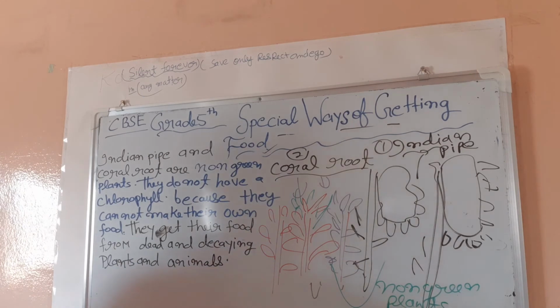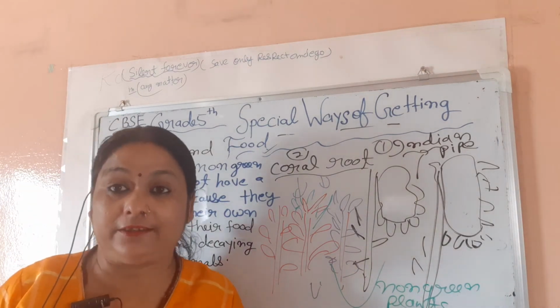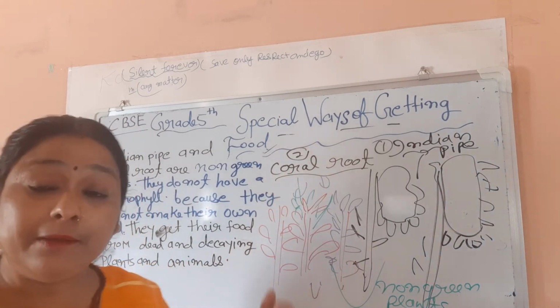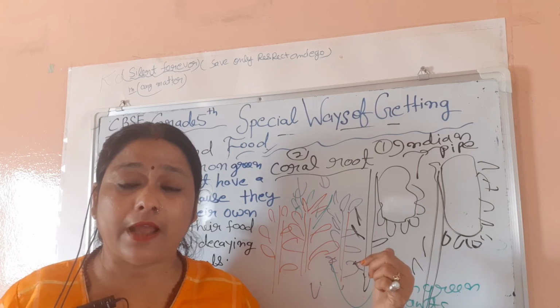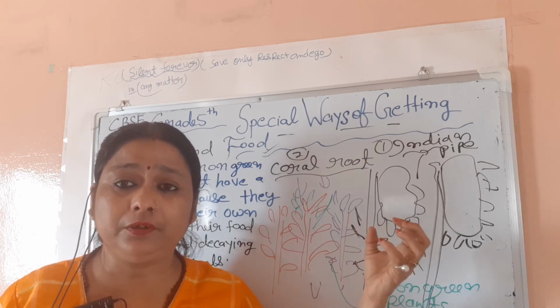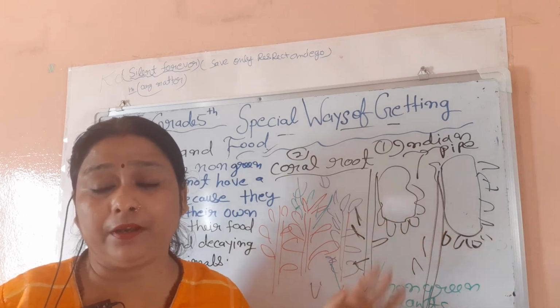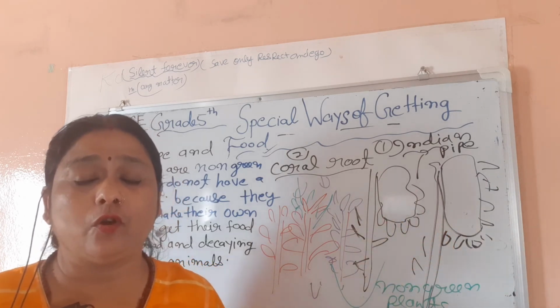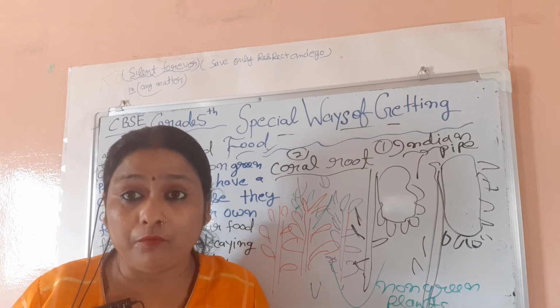So this is a very important and interesting topic. Non-green plants: how can they get their food? Chlorophyll is always absent there, so they are not green. So how can they make their own food?